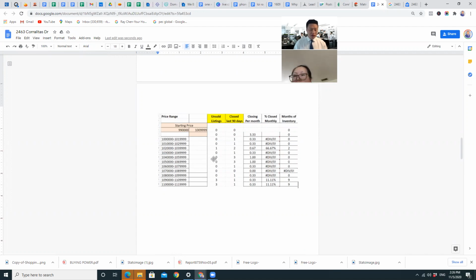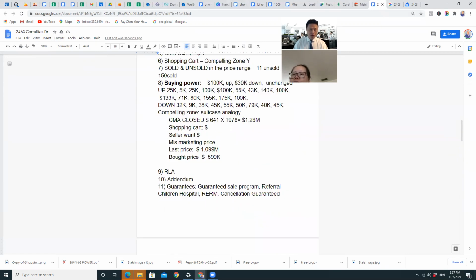Let's say if they insist on putting a similar price to what they had before, then it's 1.08. Definitely not 1.09, because 1.09 is not good. So either 1.05 or 1.08. Then you put it here: 1.05, 1.08.